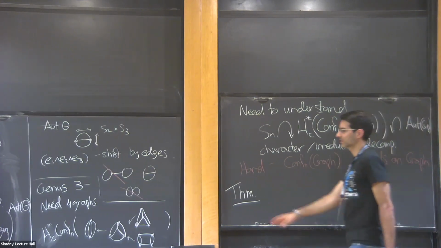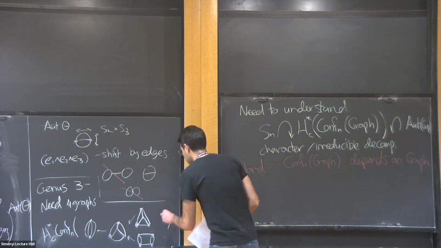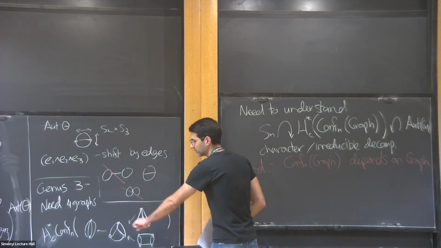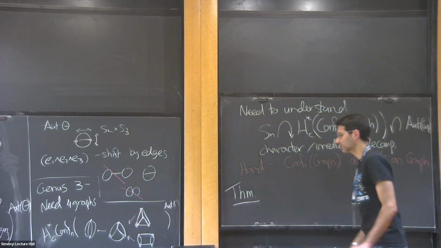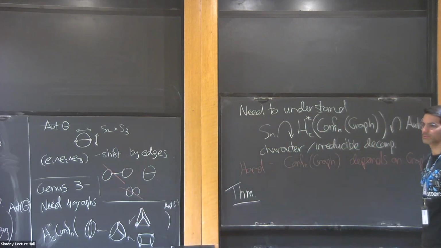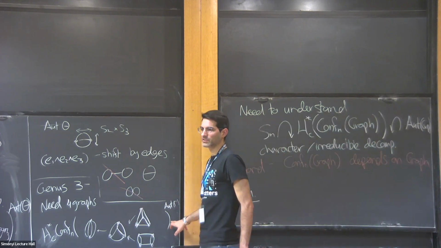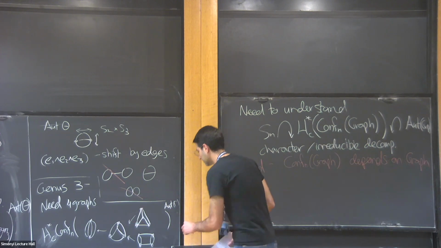Right, so this complex that I'm building, I'm going to take the automorphism group of the graph, the invariant part of the automorphism group, once you twist by the sign on the edges.